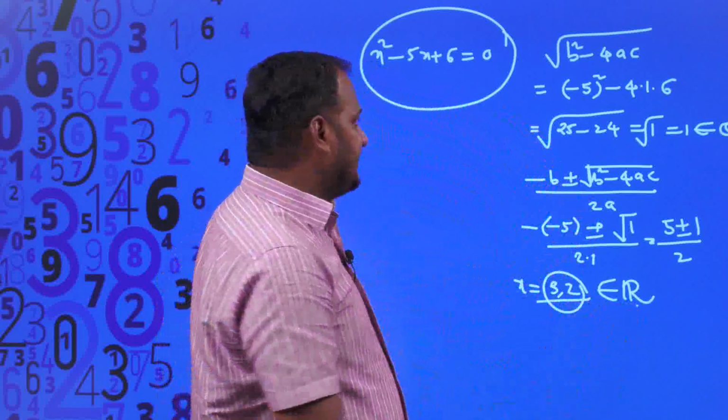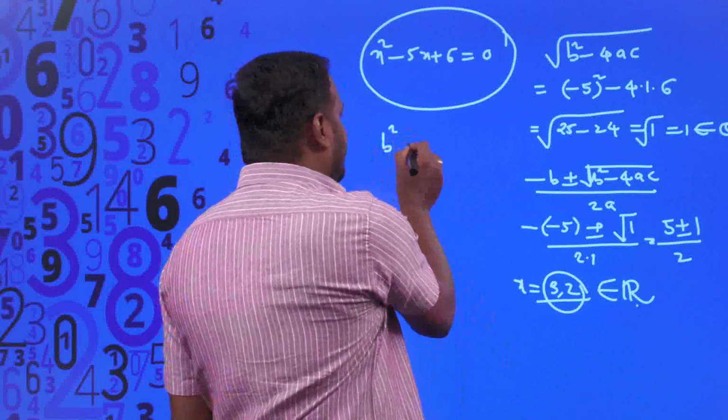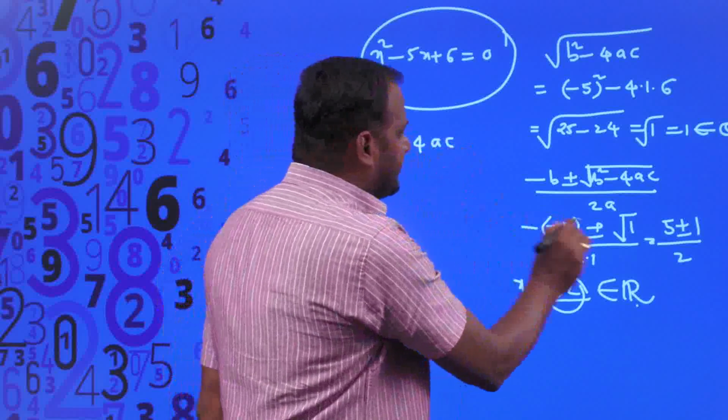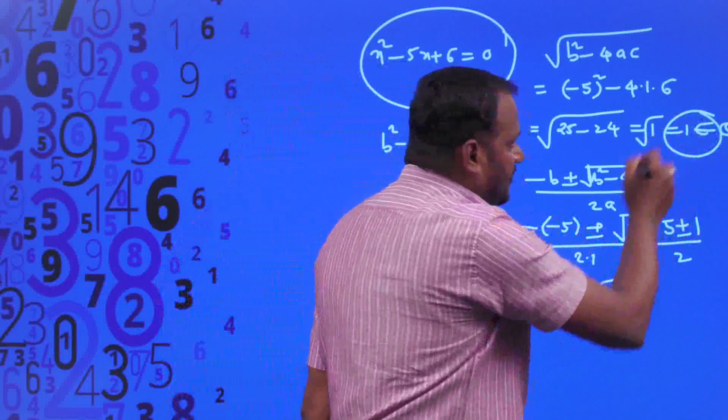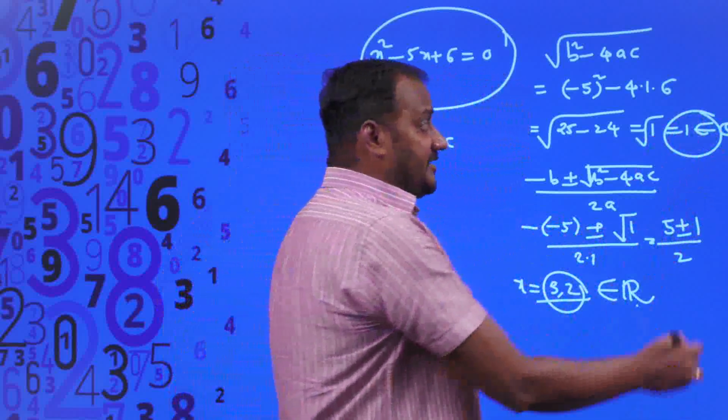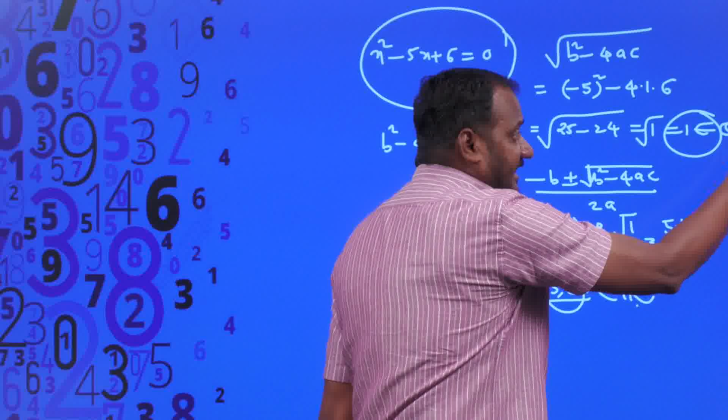So I can say that if the value of b square minus 4ac, see here what we get is 1. 1 means it's a positive number, right? Every positive number can be considered as greater than 0.